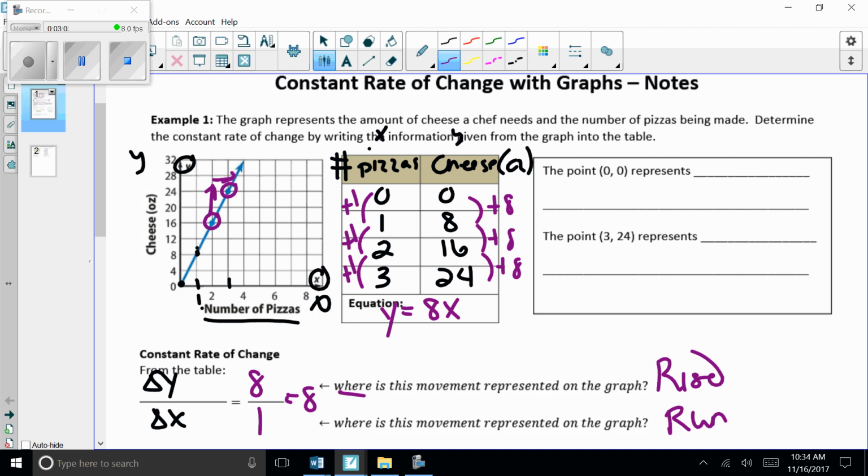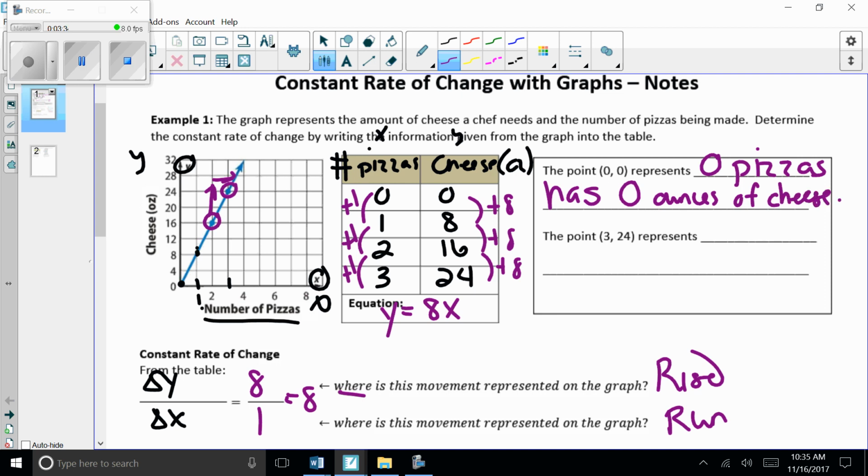So let's come over here to this side little box that says the point 0, 0 represents. So now we are relating it to actual items in our graph, so the labels. So it represents that 0 pizzas has 0 ounces of cheese, because remember our y is our cheese in ounces.